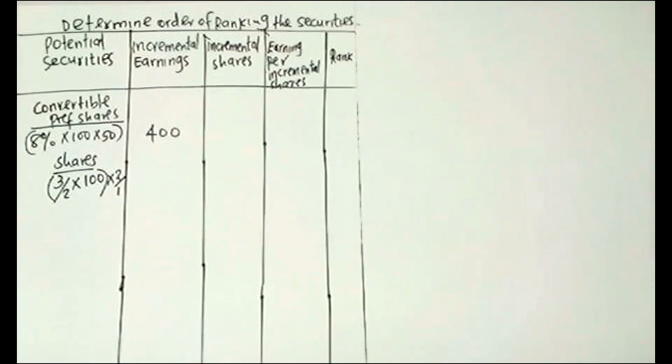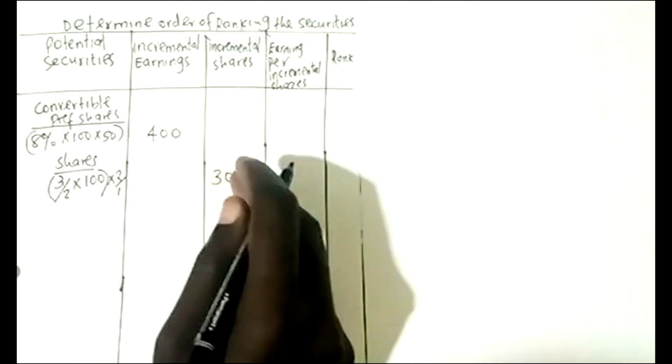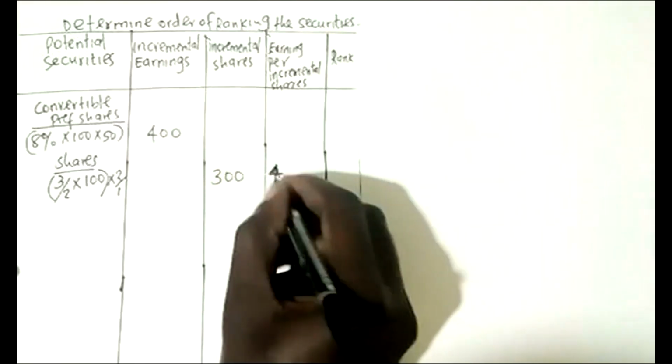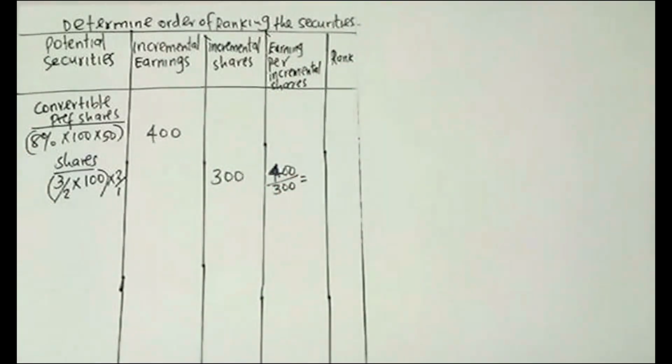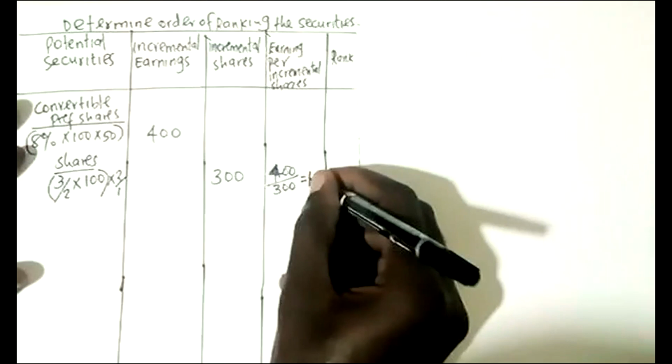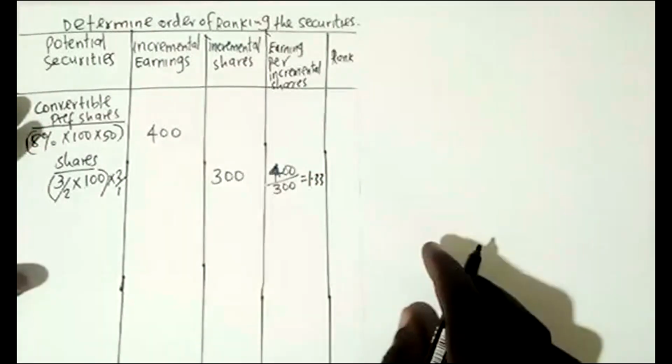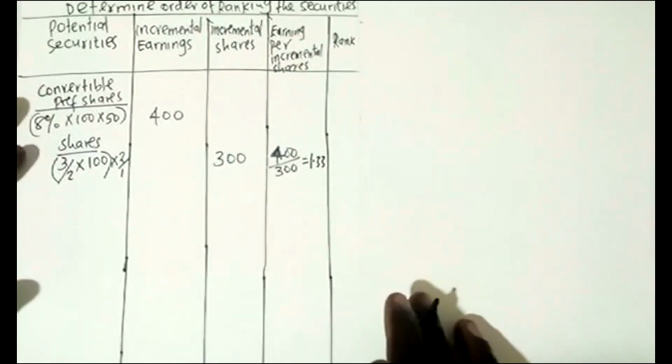So what I'm getting here is 300. So I have to divide this and this: 400 divided by 300, so that I get earnings per incremental share of 1.33.